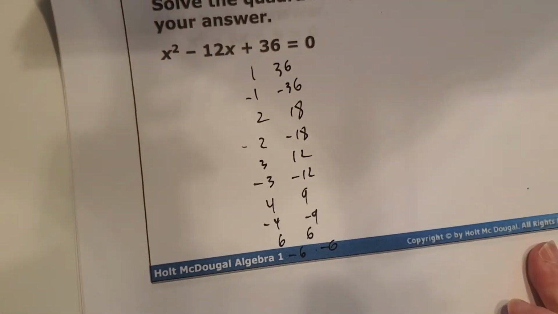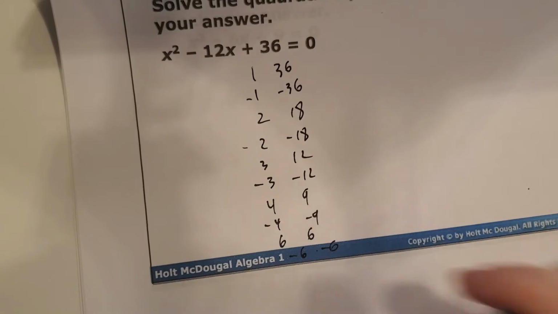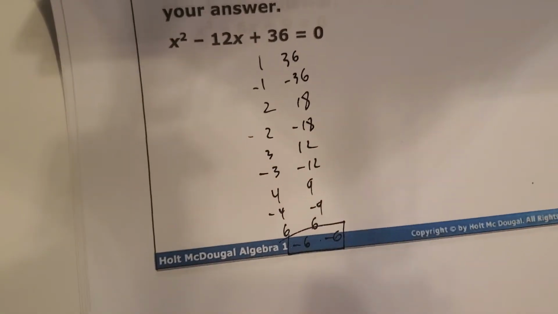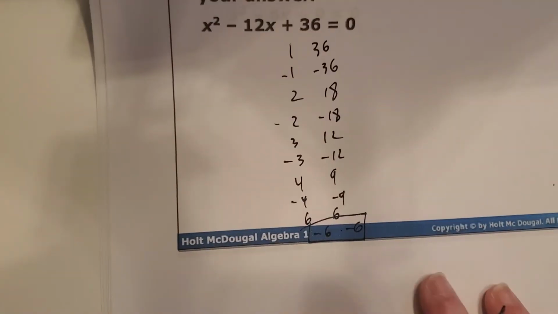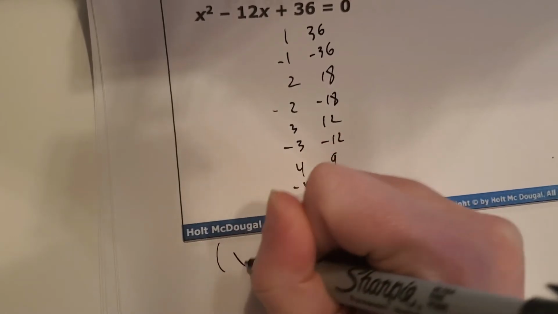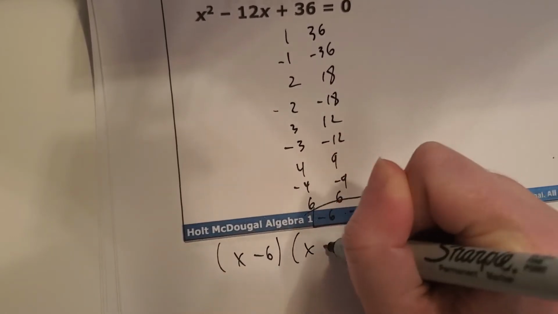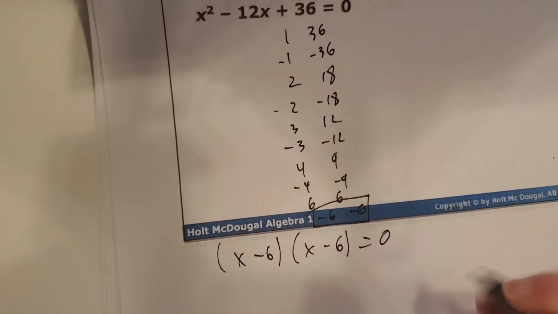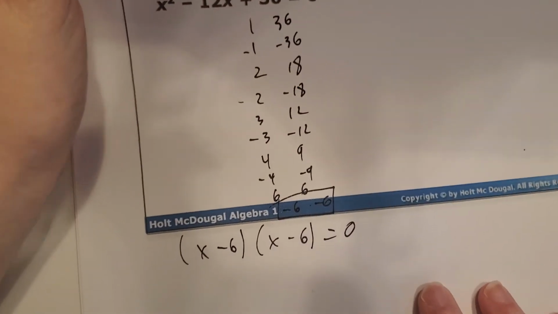So which one of those adds up to negative 12? This one that I wrote on the blue part: negative 6 and negative 6. So, x minus 6 and x minus 6. That's how that one would factor.